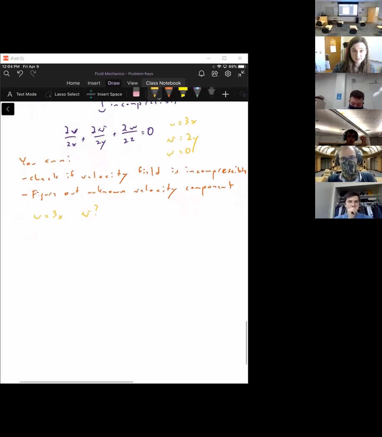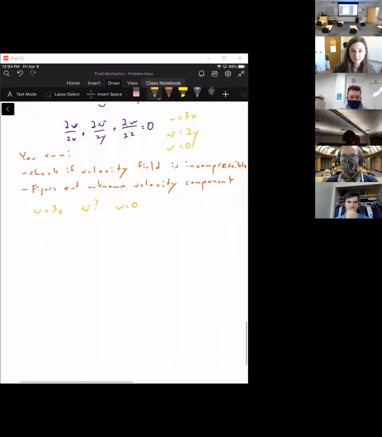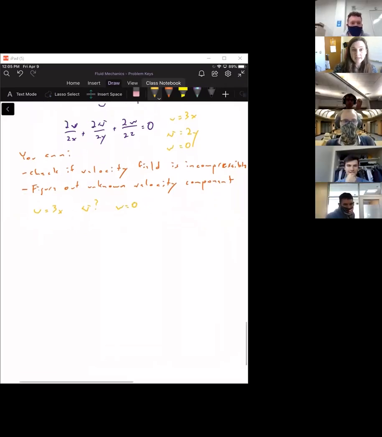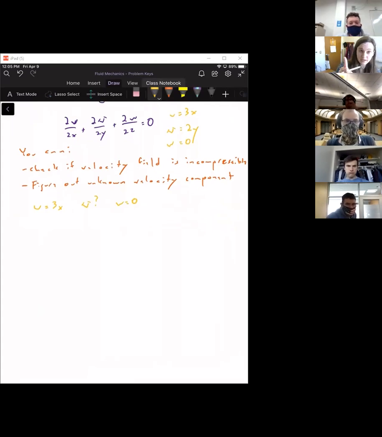What would we do? Is this 2D, so we're assuming w is equal to 0? Yeah. Like negative 3y then? Okay, so negative 3y would work, but it's not the only solution.